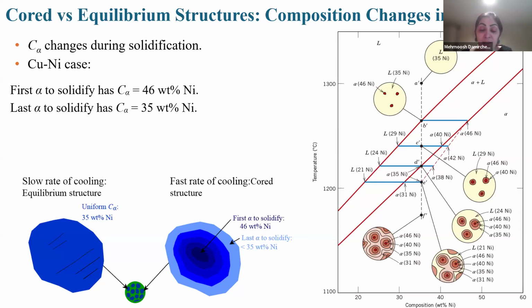By 1190 centigrade the alloy is completely solid, and the difference in alpha composition inside grains reflects the cooling rate. So we expect that here we have the same microstructure and same mechanical properties, but here we don't expect the same properties at the core and the outer surface.